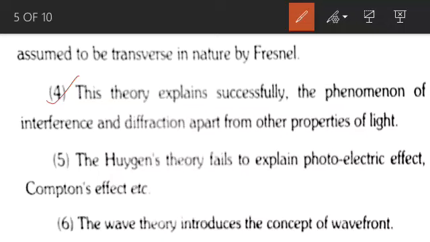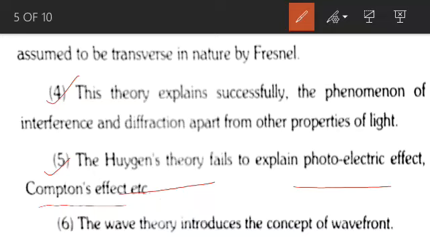The next assumption of Huygens is that these waves are longitudinal, which we discussed in the previous point. Now the fifth point is that Huygens wave theory fails to explain the photoelectric effect and quantum effect. We will learn this in our next chapter of physical optics.